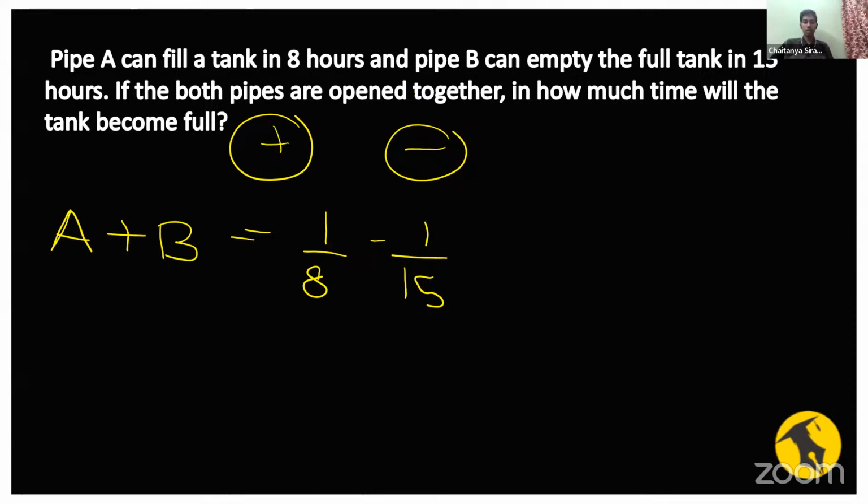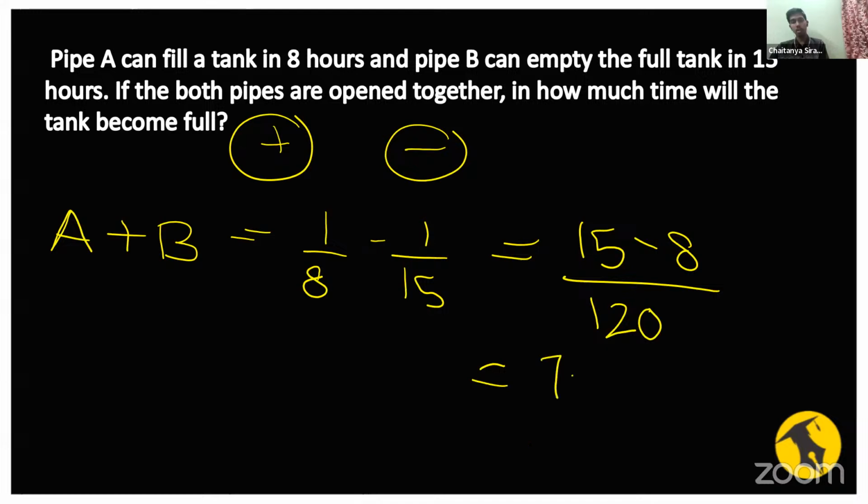All right. So if I solve this equation, what will be the LCM? It will be not 60, it will be 120 straight away, I guess. Yeah, this will be 15 minus 8 upon 120. So this is 7 upon 120.